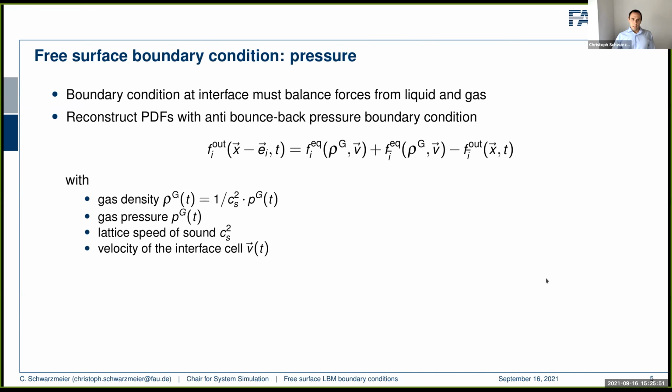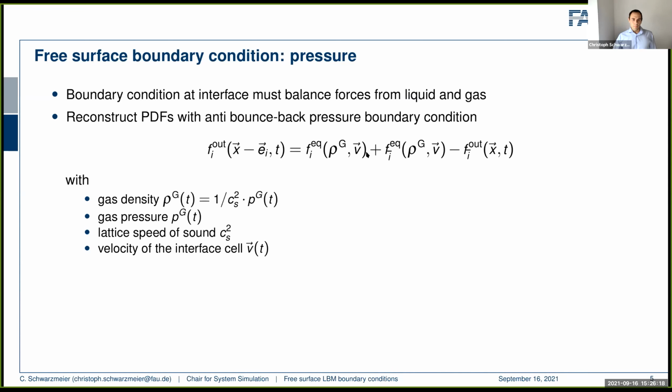And very simply spoken, what should the boundary condition fulfill? Well, at the interface, the boundary must balance the forces that are coming from the liquid and the gas, so the gas pressure. That's why we simply use an anti-bounce-back pressure boundary condition that is shown here. And we have as an input the gas density, so the gas pressure, as it is directly proportional in LBM, and then the interface velocity, so the macroscopic interface velocity.